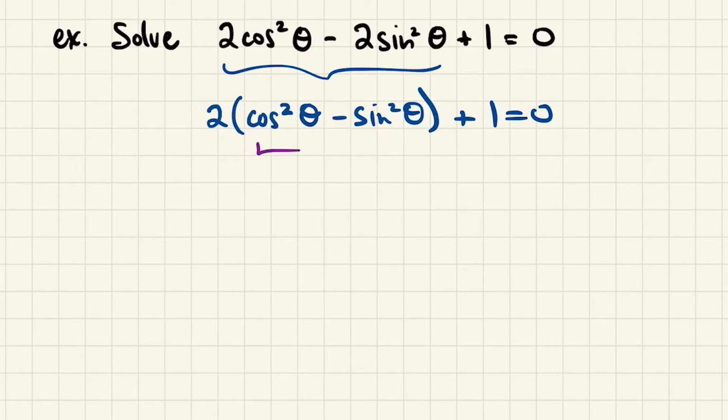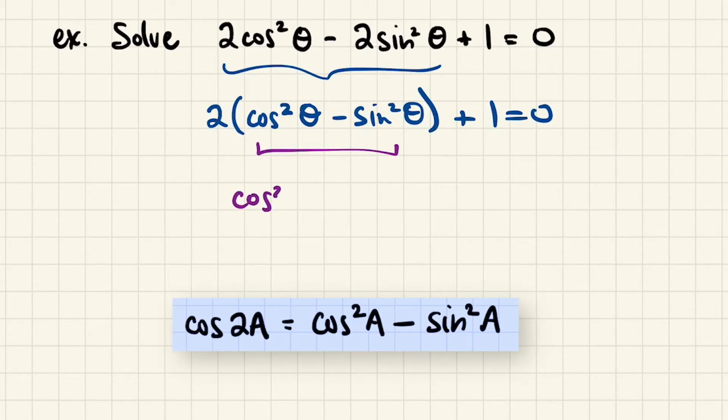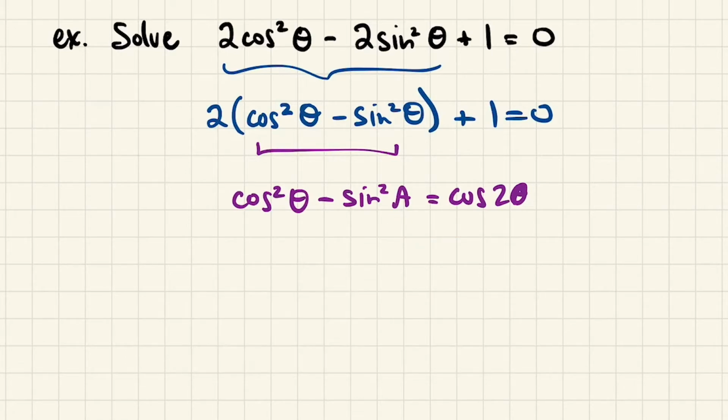And we know that cosine squared theta minus sine squared theta is equal to cosine of 2 theta. That's an identity. So that means that this is 2 times cosine of 2 theta.